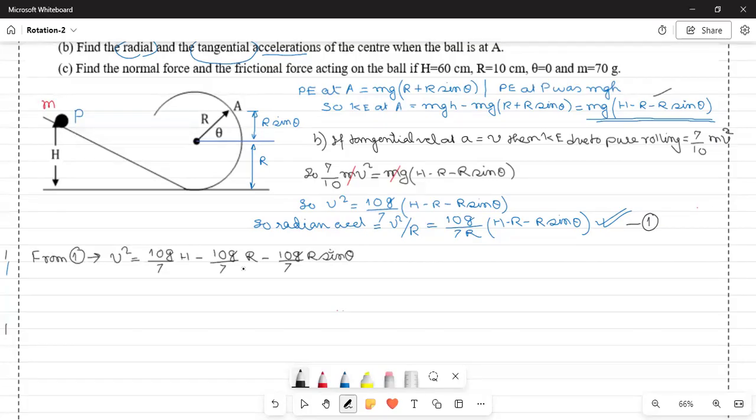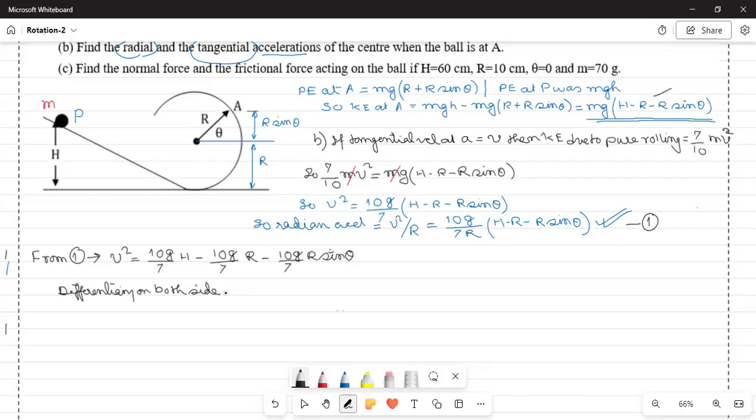Now we differentiate this equation on both sides. On the left-hand side, the differential will be on t, time. On the right-hand side, it will be on theta.